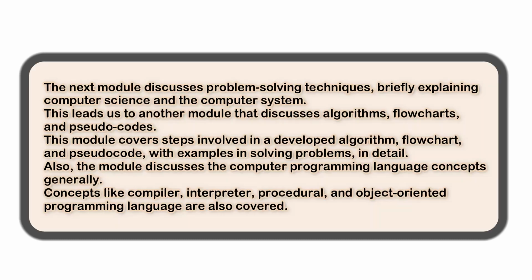The next module discusses problem-solving techniques, briefly explaining computer science and the computer system. This leads us to another module that discusses algorithm, flowchart, and pseudocode. This module covers the steps involved in developing an algorithm, flowchart, and pseudocode, with examples of solving problems in detail.